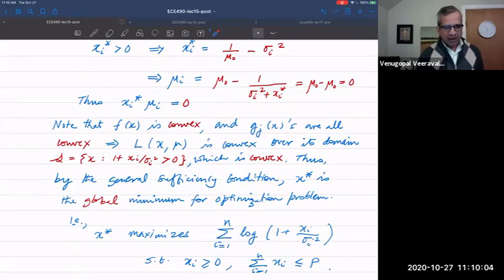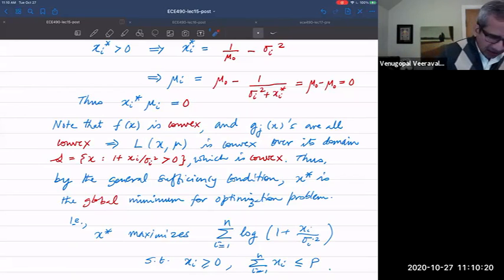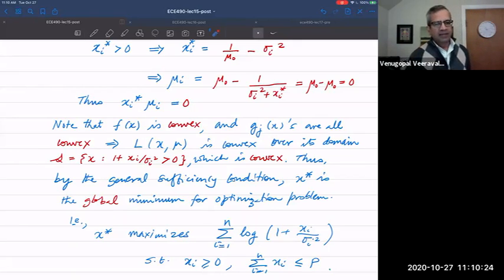Any questions about applying this general sufficiency condition to find a global minimum in these kinds of examples where the function is convex, so the h's are linear or affine, and the g's are convex? Then it's a very easy problem. And in most examples that you will encounter in this class, that would be the case.